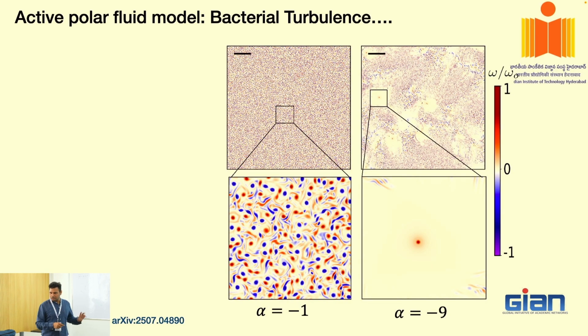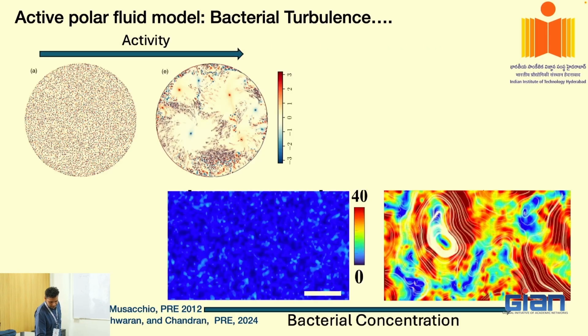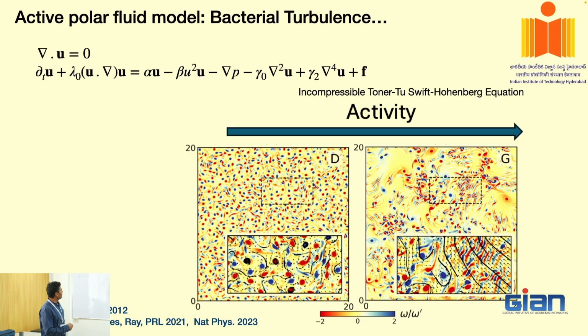There are time scales involved in these two systems. If you go back here, alpha gives you the inverse of one time scale, and then a combination of gamma 0 and gamma 2 is also going to give you a time scale.